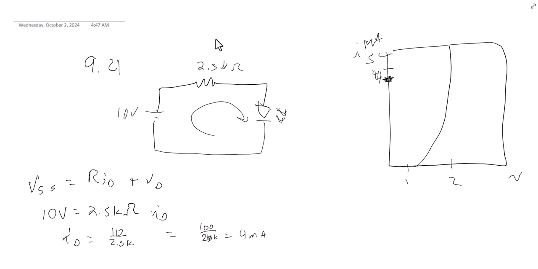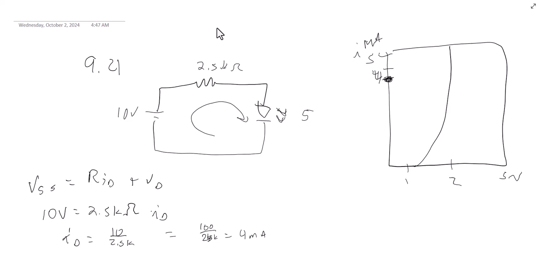Okay, now we say, what would happen if the voltage across our diode was 5? That's at the other end of this graph here.